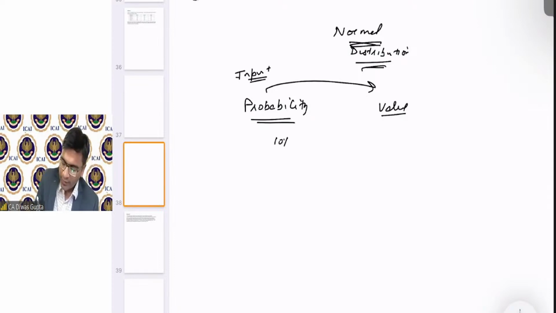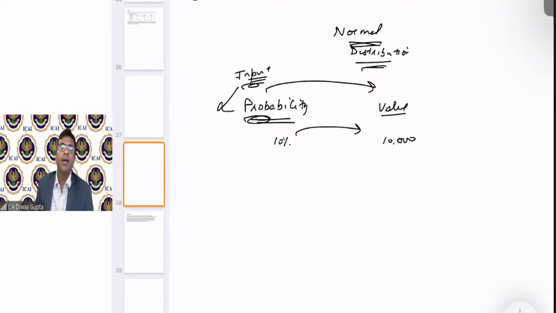Let's say for 10% probability, what will be the value? The value will be, let's say, 10,000 rupees of cash flow. Apart from probability, it takes one or two more inputs, which are the mean and standard deviation of those cash flows.